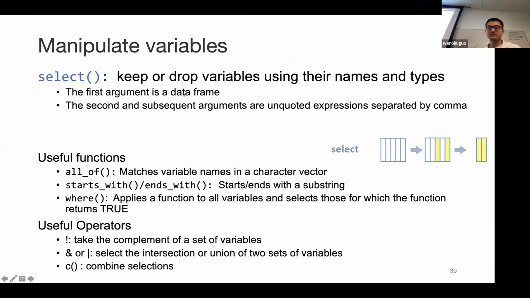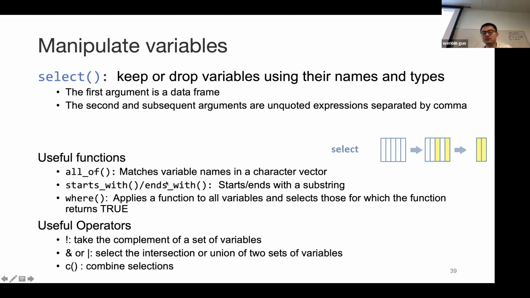The first argument is the data frame, and the second and subsequent arguments are the expressions separated by commas. For example, if you have multiple variables you want to keep, as shown here, you can use the or operator and then put in a vector of variable names.